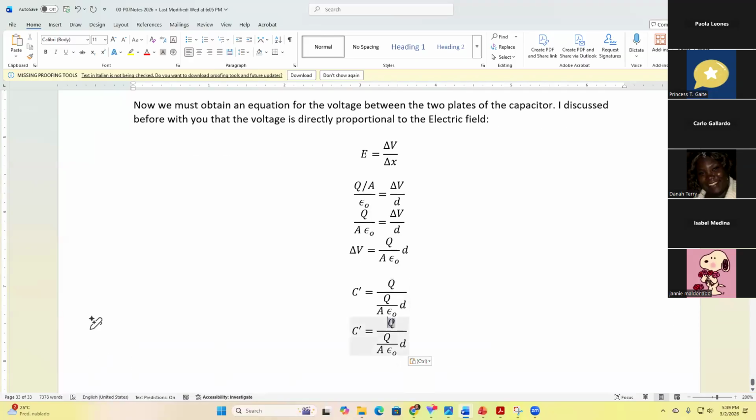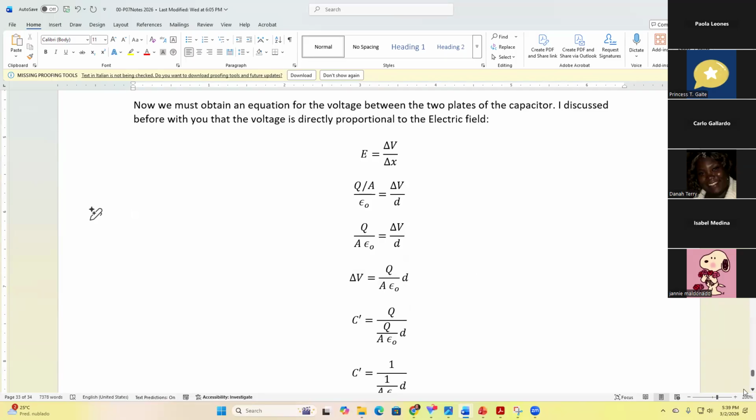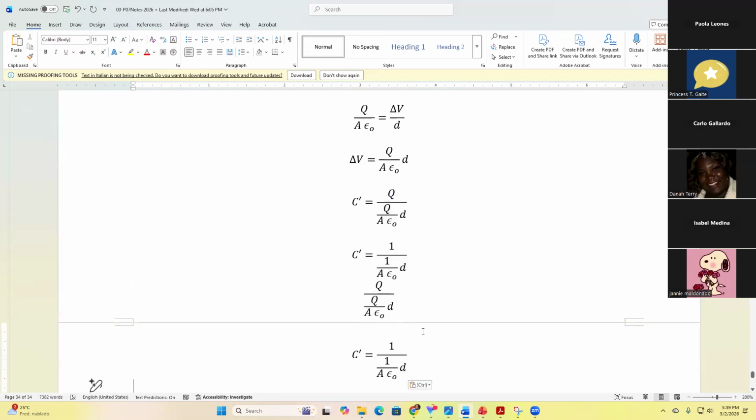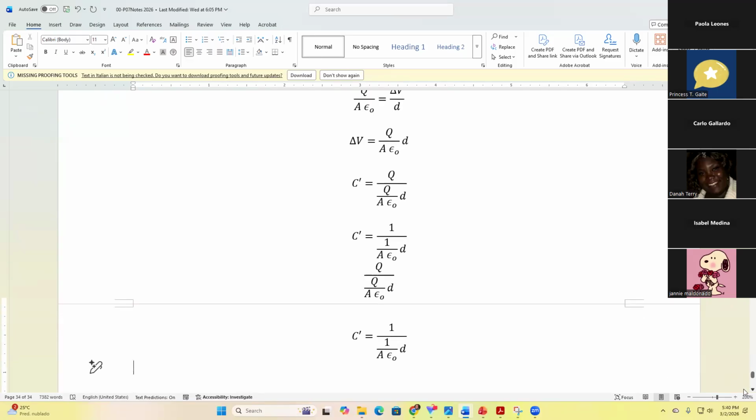The capacitance does not depend on the charge at all, because the voltage will most of the time be proportional to the charge, folks. So every time that you have a capacitor, the capacitance is going to be independent of the charge, and dependent only on the geometrical features of the capacitor.